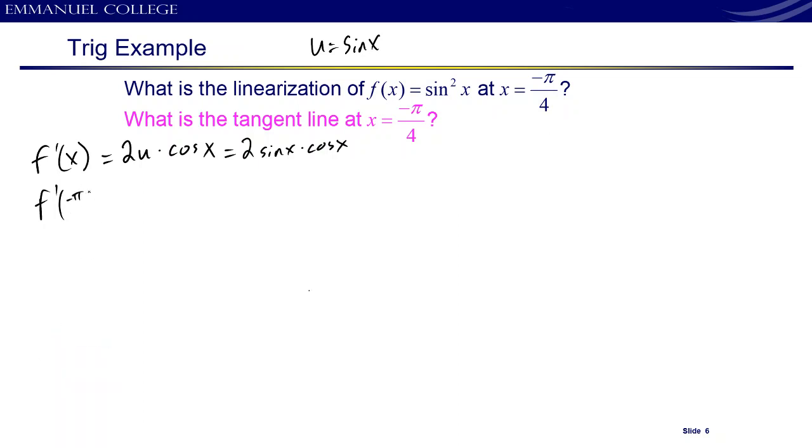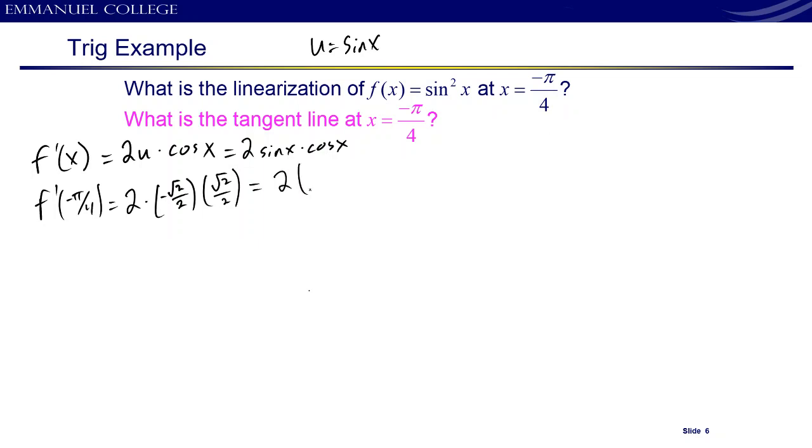So f prime of negative pi over 4 is going to be equal to 2 times sine of negative pi over 4, which is negative square root of 2 over 2, times cosine of pi over 4, which is positive square root of 2 over 2, which is going to give us, one of these 2's would cancel, and then, so let me just multiply everything out.